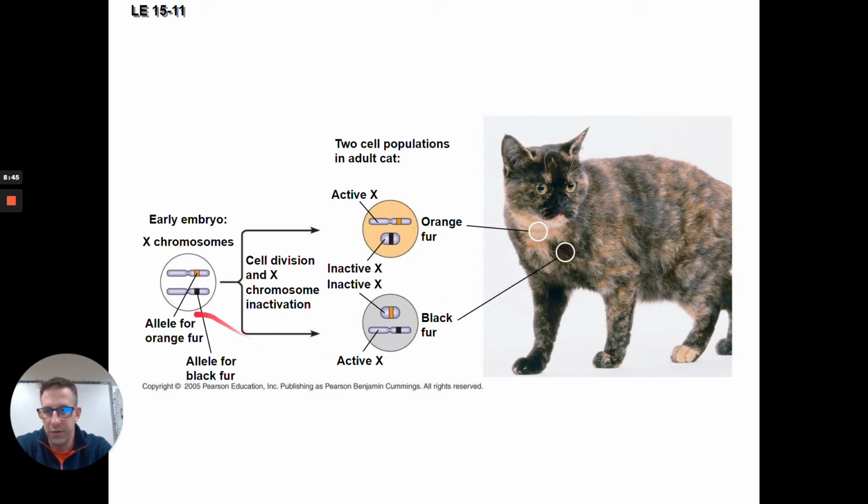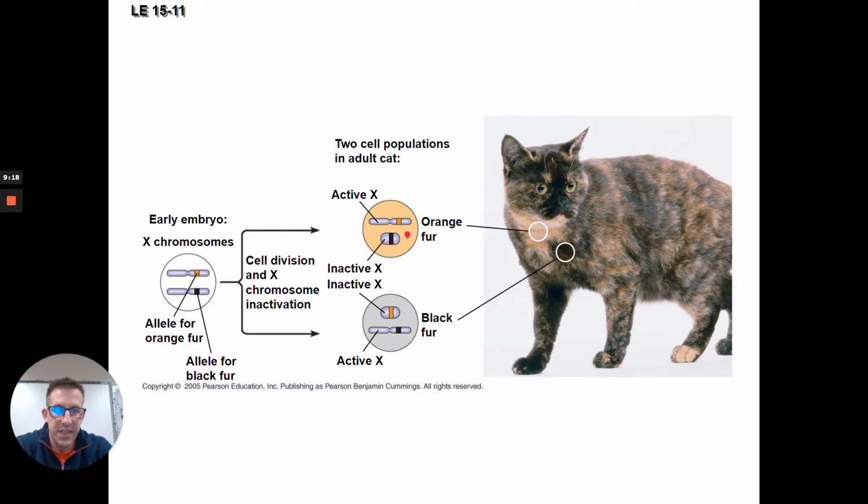Okay, so during early embryonic development, this is what the chromosomes would look like in the cat as it starts to develop. They'd both be active. Okay, you'd have an orange one and a black one, but as cell division starts to occur, and the embryo starts to develop more, different patches of cells will have had one of the chromosomes inactivate.